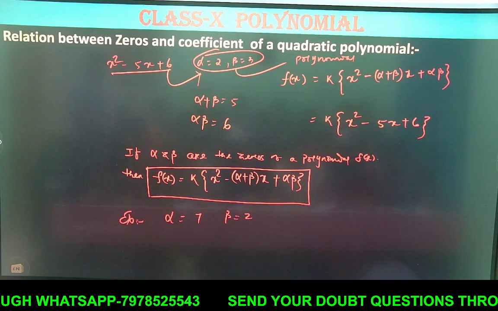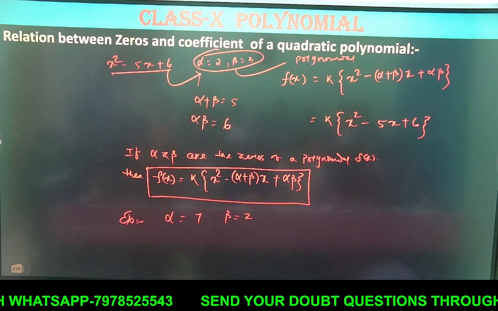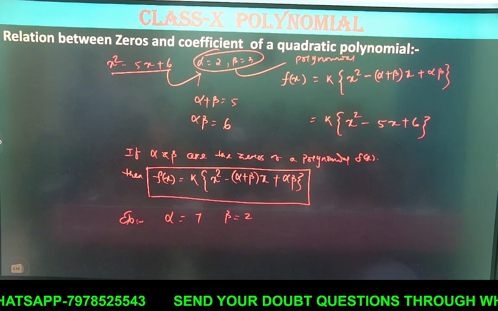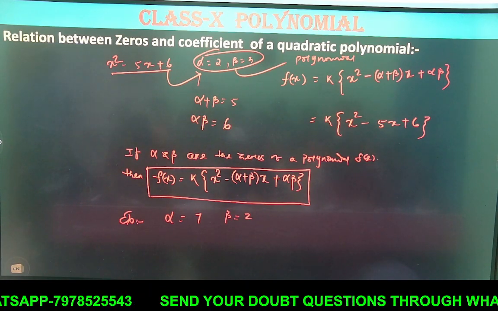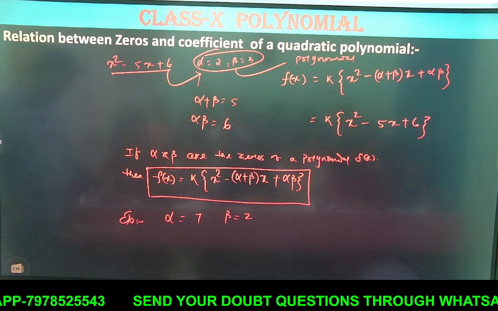Class update, have you written all? X square minus x plus. Very good. How much you have got?